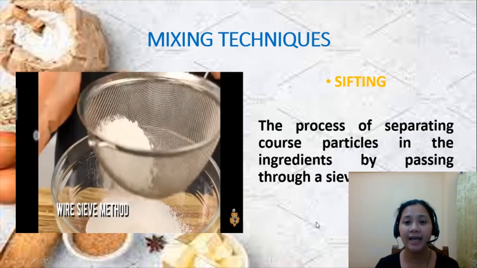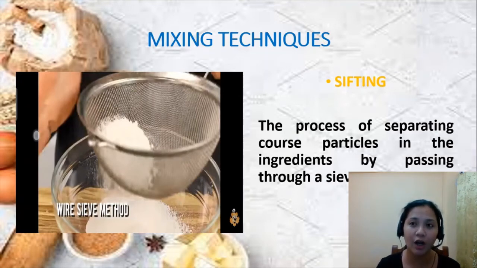Okay, so that is the sifting technique. We can use a flour sifter to remove the particles in ingredients, especially in flour, baking flour, cake flour, because there are small particles there. So we have to sift first.